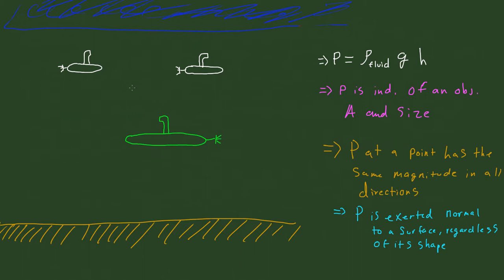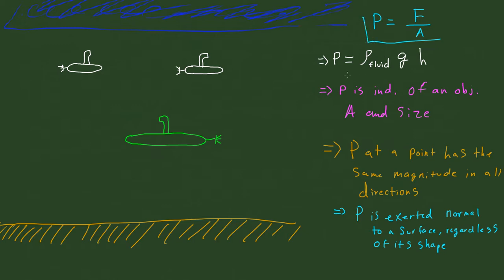In this case, obviously pressure is going to be equal to the force per unit area. So pressure is equal to the force exerted over a given area. That's the first point.